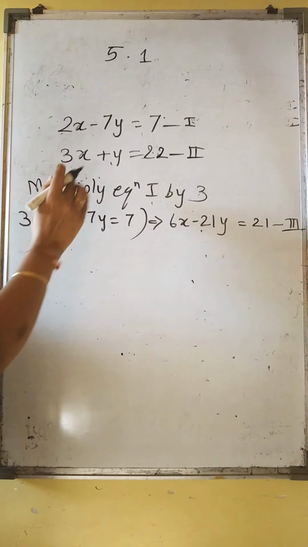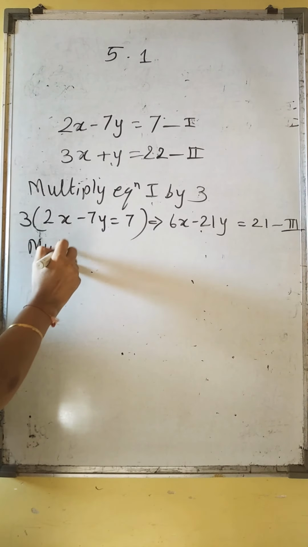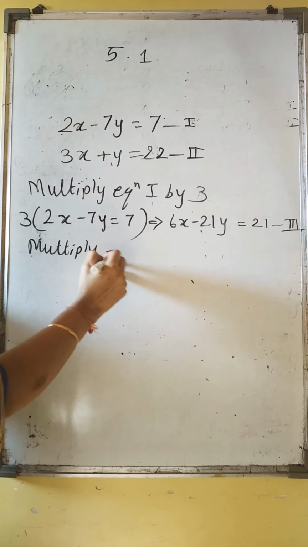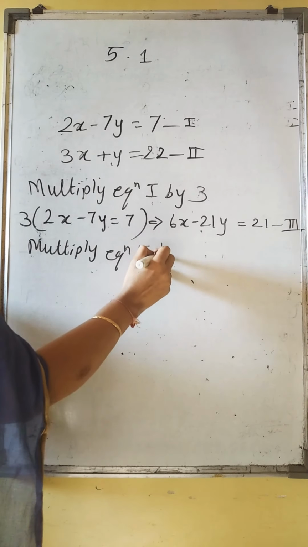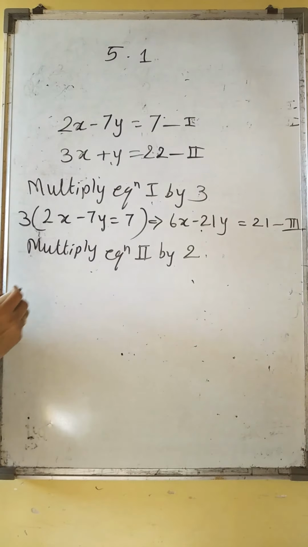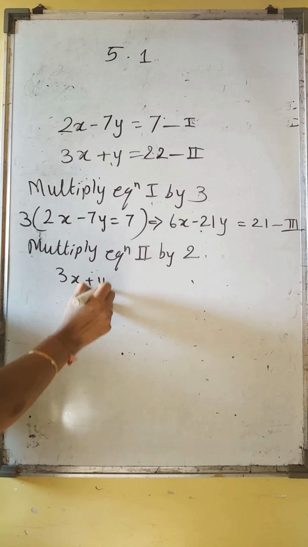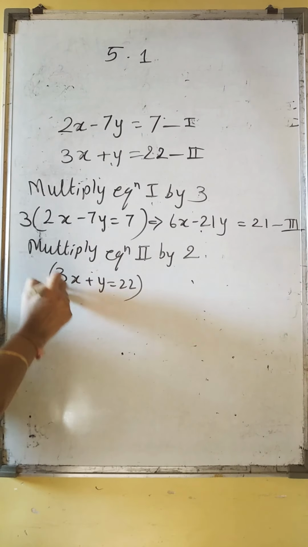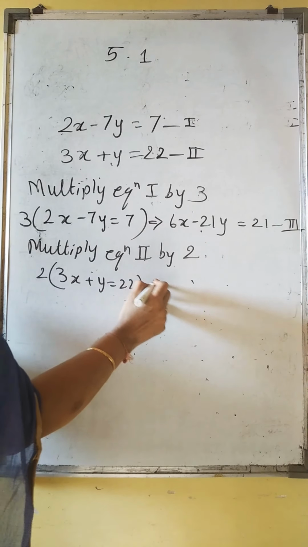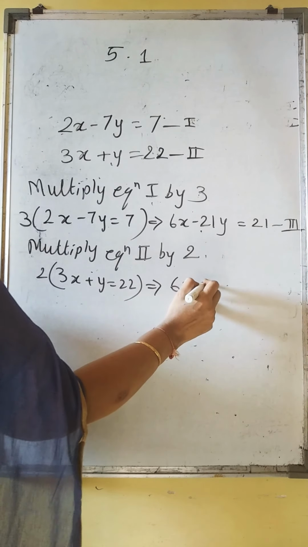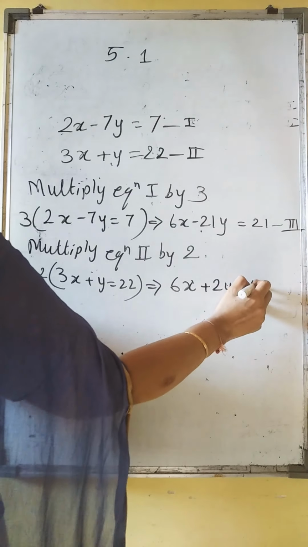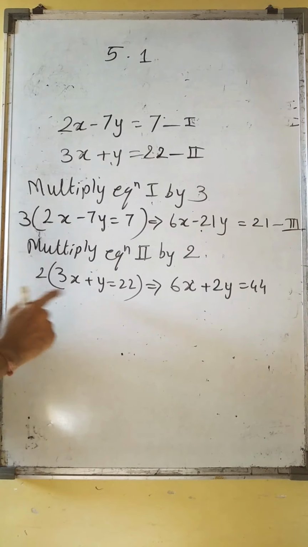Thereafter multiply equation number 2 by 2. So 3x plus y equal to 22. You have to multiply this equation by 2. So what you will get? Again 6x plus 2y equal to 44.